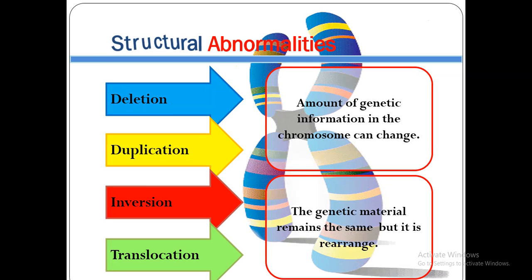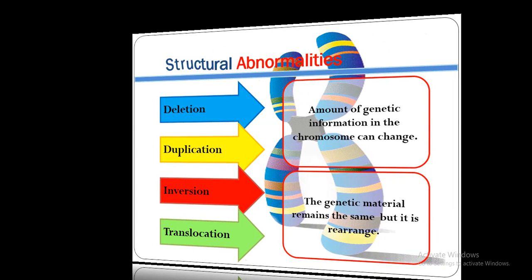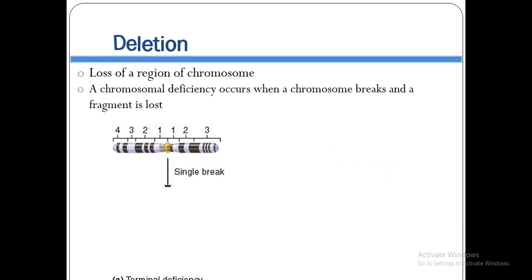For the structural abnormalities, we have 4 common types: deletion, duplication, inversion, and translocation. For deletion, from the word itself, there is a region in the chromosome that tends to be deleted.